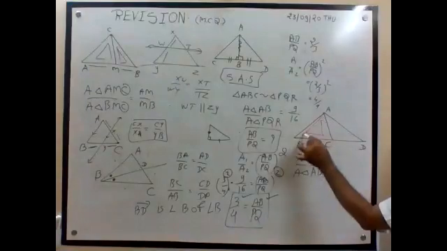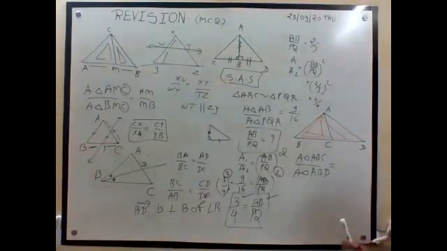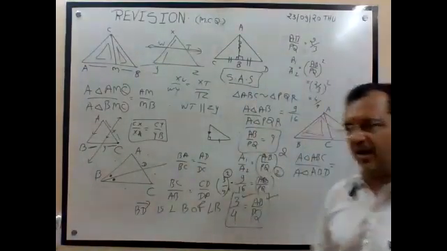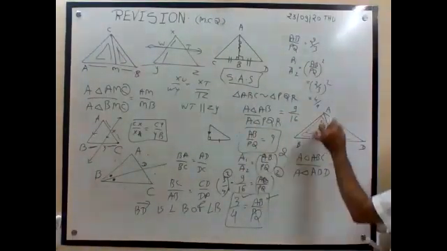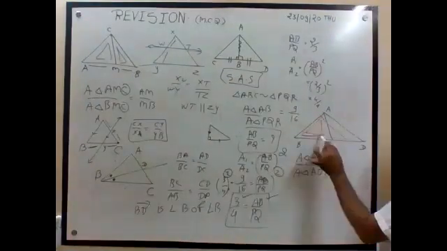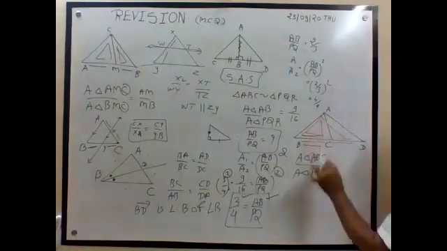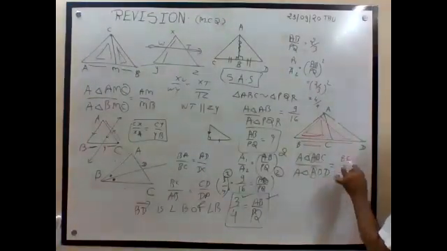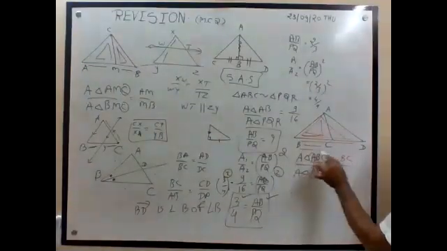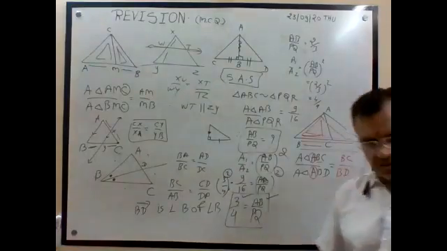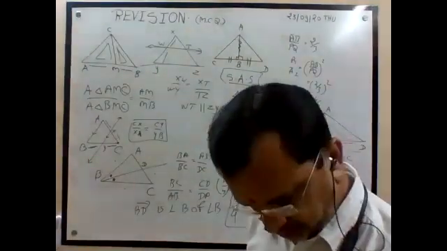In both the triangles, heights are equal. So base by base. Of ABC, base is BC because A is the top, so height. So BC by BD. Correct?